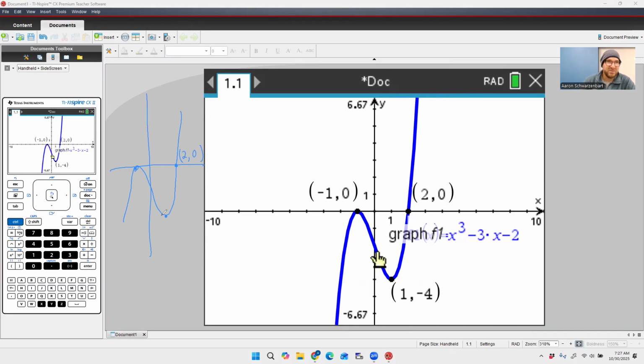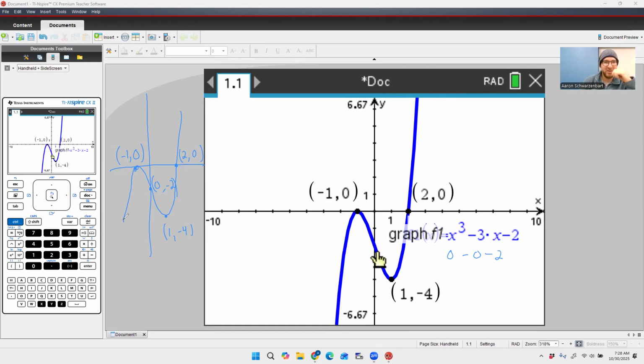Depending on what they're asking for, points of intersection. A useful one here would be a y-intercept. I did not get that off the graph. I just plugged in 0 for my x's and I get 0 minus 3 times 0, which is 0 minus 2.